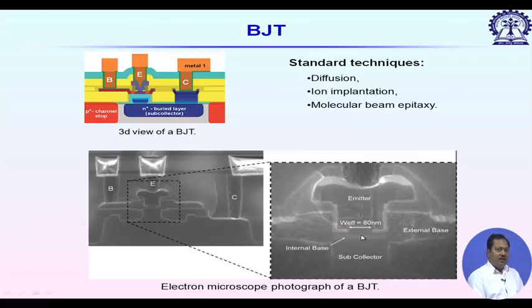Gain of the transistor depends on base width. Thinner is the base, we will have higher gain. Look at this plot, this base lead is connected to this thin layer, and over it we have the emitter, and the collector connection is coming from the right hand side. For high frequency operation we have to decrease the transit time, and to decrease the transit time we have to reduce the base width.